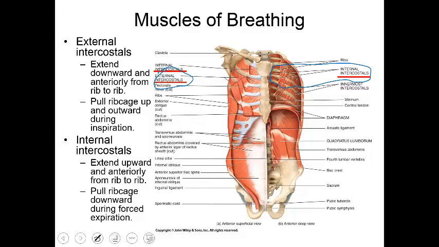So when you inhale, the ribs have to be pulled outwards. When you exhale, the ribs have to be pulled downwards and inward. So that is what the internal and external intercostals are doing. Please keep in mind that the right side of the image is the superficial view and the left is the deep view. External intercostals are more superficial, whereas internal intercostals are deeper.